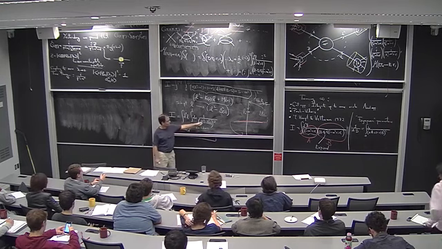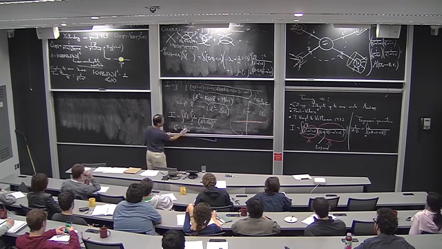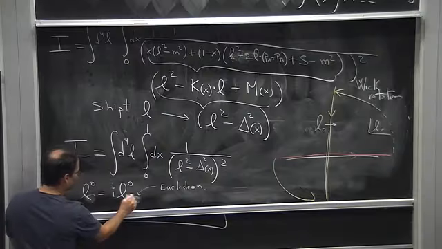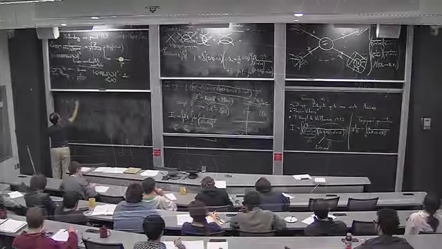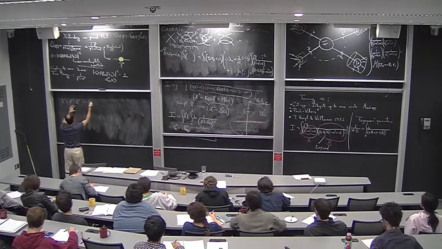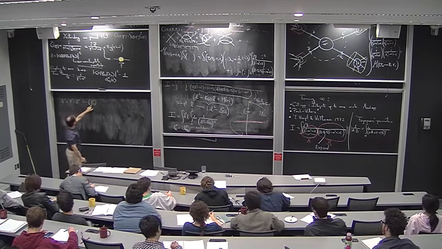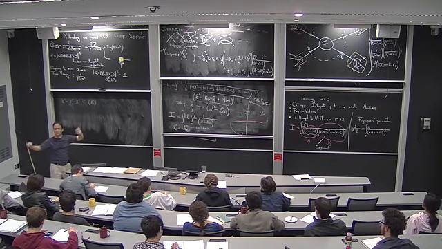L0 is the zeroth component of this vector. Oh, actually, this would have been much better because then we can put the E here. I knew there was something funny with that. Very good. So if we do that, then our L squared, which was L0 squared minus the vector L squared, becomes minus L Euclidean squared, where Euclidean means literally an integration over a four-dimensional Euclidean space.